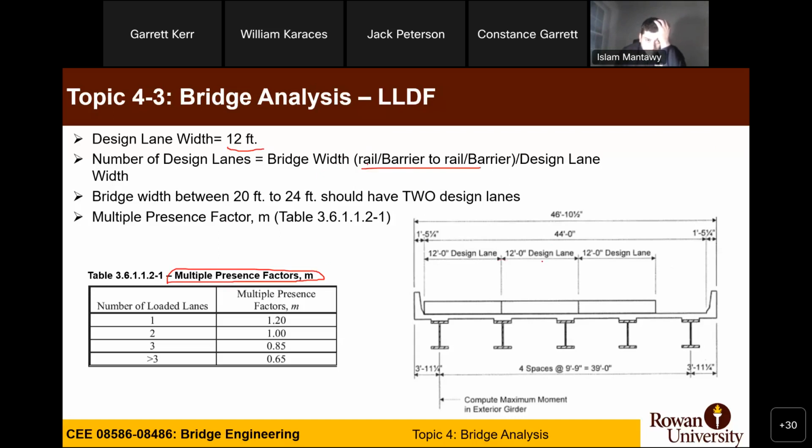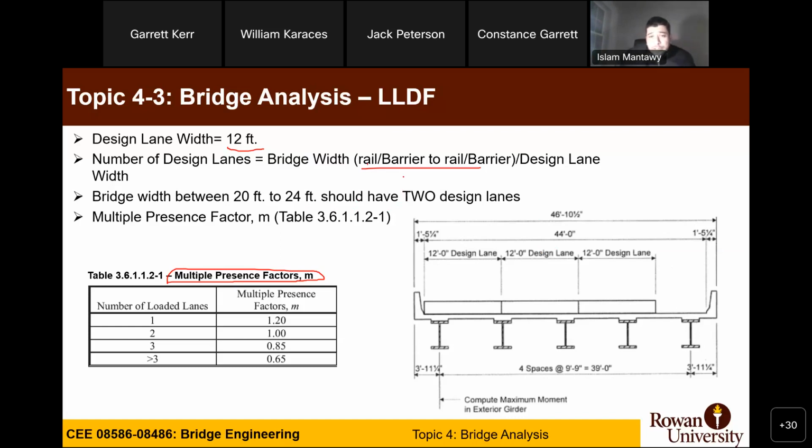We load the design trucks on those lanes, 1, 2, 3, and each number of lanes loaded has a specific factor attributed to it. And you have to do something special for bridge widths between 20 and 24 feet that can take 2 design lanes, as they'll be reduced to like 10 feet.